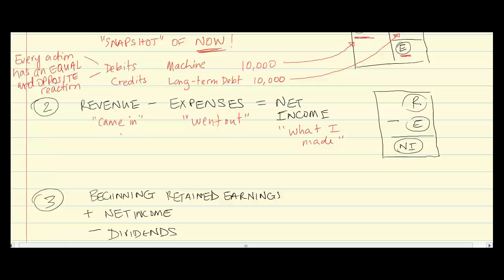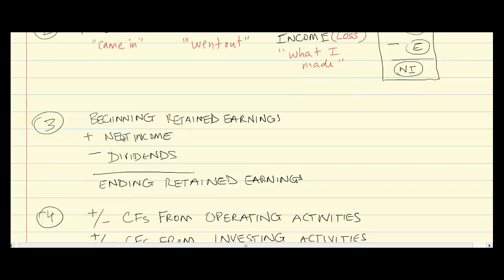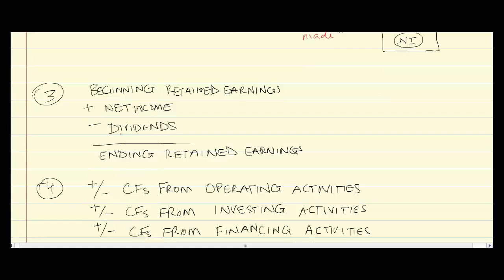It's quite extensive, but anything that came in minus what went out is what you made today. And what you made today could potentially be a loss as well. So let's just say net income or loss, because that is definitely possible. It's very common for small businesses or recent startups to incur big losses in the first 2 or 3 years and generally pick up after that. So we can't necessarily rule that out.